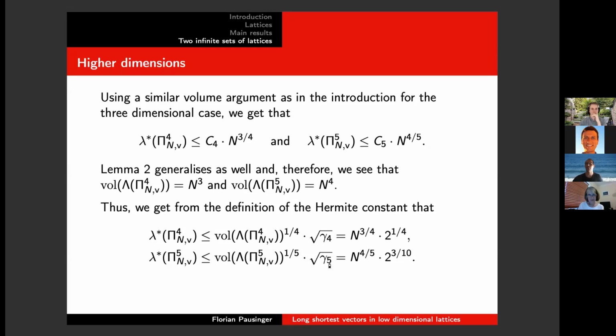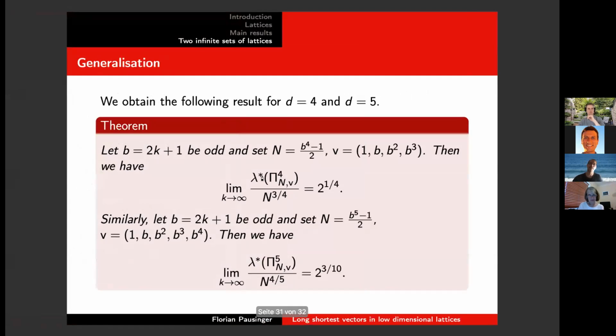One can use Hermite constants to work out the constants one would expect. And finally, one can generalize the construction in a very straightforward manner to also show similar convergence results. So now I have lattices in 2, 3, 4, and 5 dimensions that give me the longest possible shortest distances.